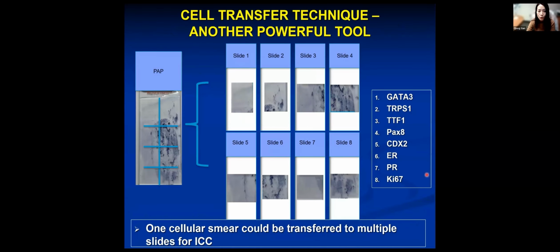And the second powerful tool is the cell transfer technique. As shown here, from one cellular smear, you can transfer the cells to multiple slides. For example, in this case, we can transfer to 8 slides, and this process allows us to use these divided slides for multiple markers as illustrated here.